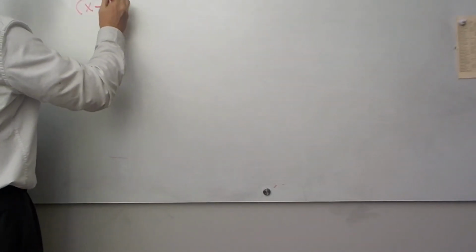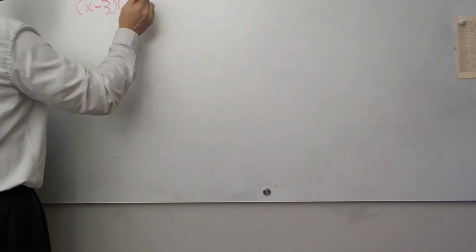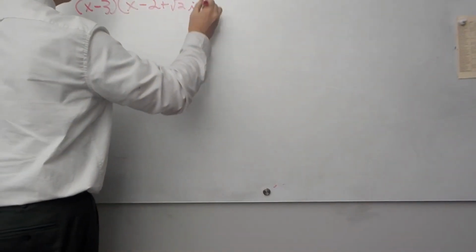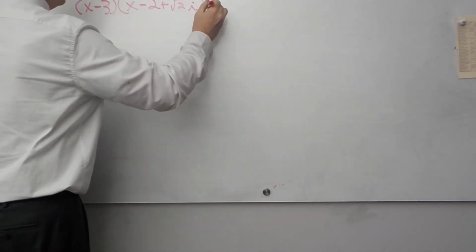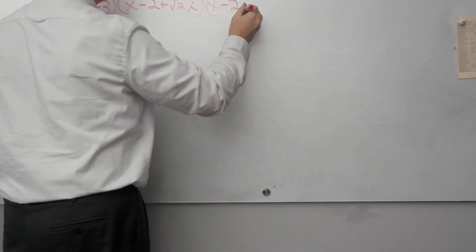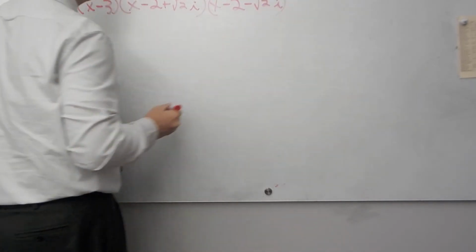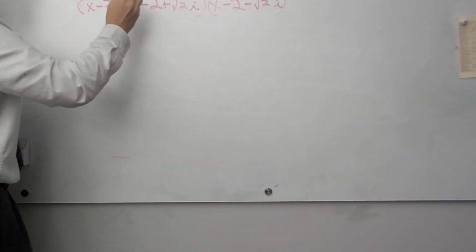And I'm going to do what we did in the last problem. I'm going to put x minus 3, x minus this, that's x minus 2 plus radical 2i. And x minus this, that's x minus 2 minus radical 2i. Let's multiply these two together first.